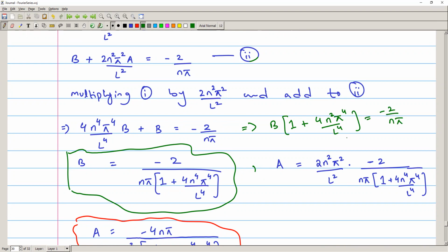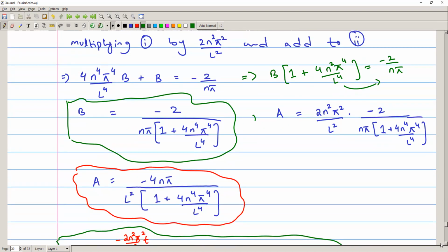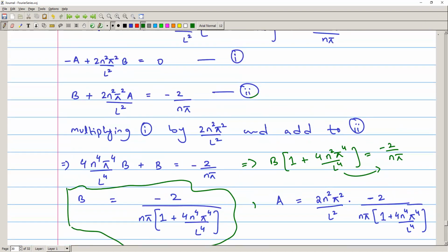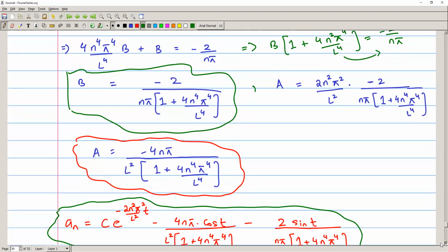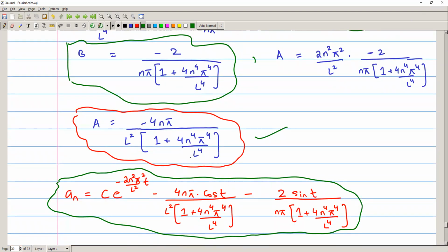So we can shift this here and we will get b. Similarly, we will put this into equation number 1 and we will find the value of a. So here we did that. A is equal to this function.